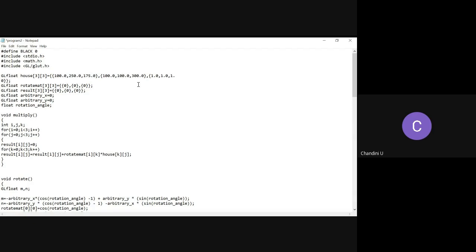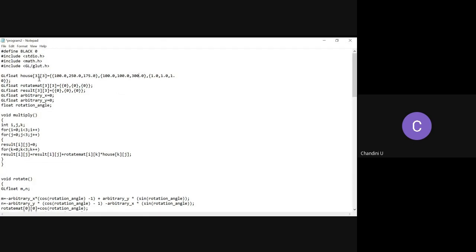So the first x value is 100 and the first y value is 100. Then the second x value is 250 and the second y value is again 100. Now 175, 300 constitutes the top or apex of the triangle. So like this, we will have a triangle and we will store it in a matrix called house, which is a 3 by 3 matrix.